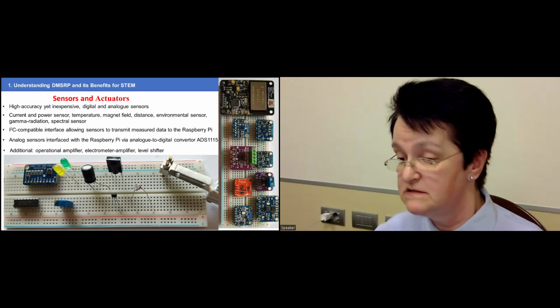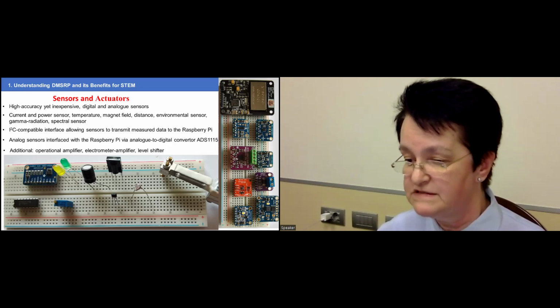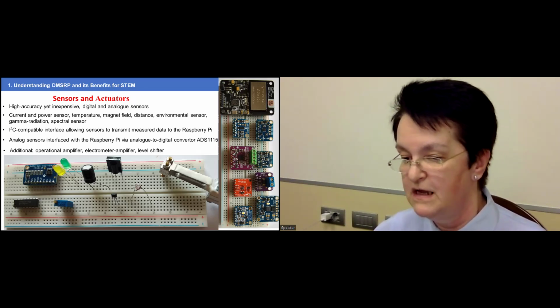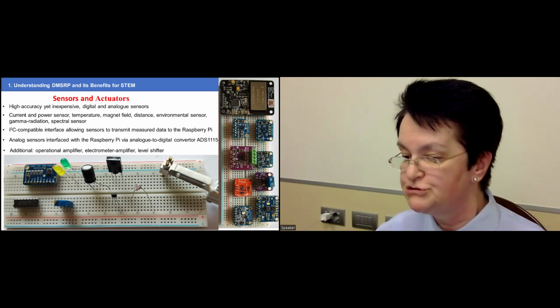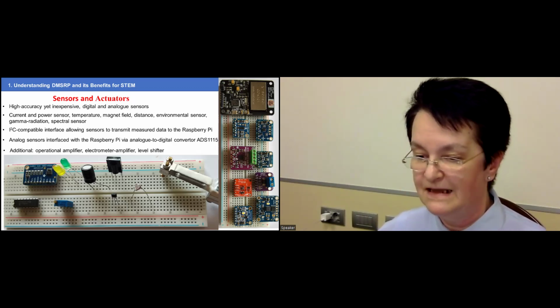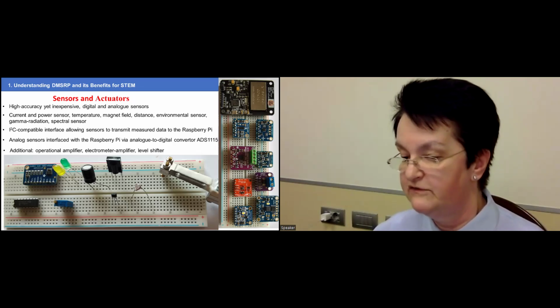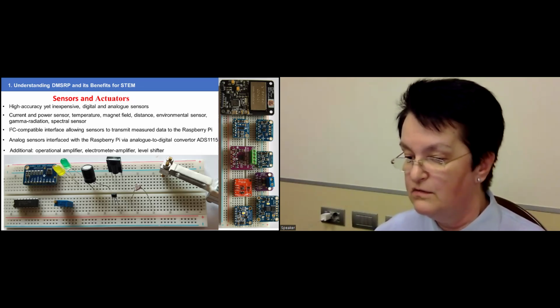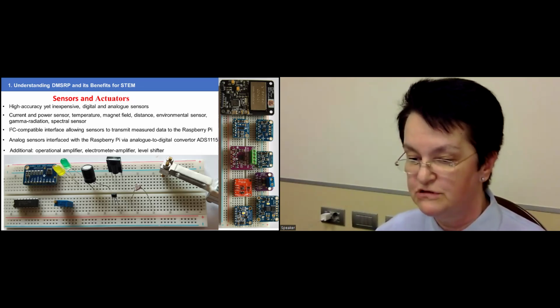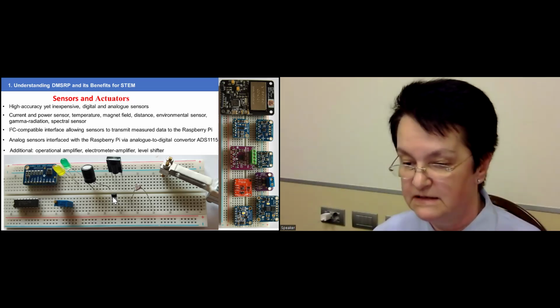Most of the digital sensors have an I2C compatible interface, allowing a direct transmission of measurements to the Raspberry Pi. And for analog sensors, like for instance, here we have a mini load cell for measuring forces, thermistors for measuring temperature, or a linear Hall sensor to measure the strength of a magnetic field.